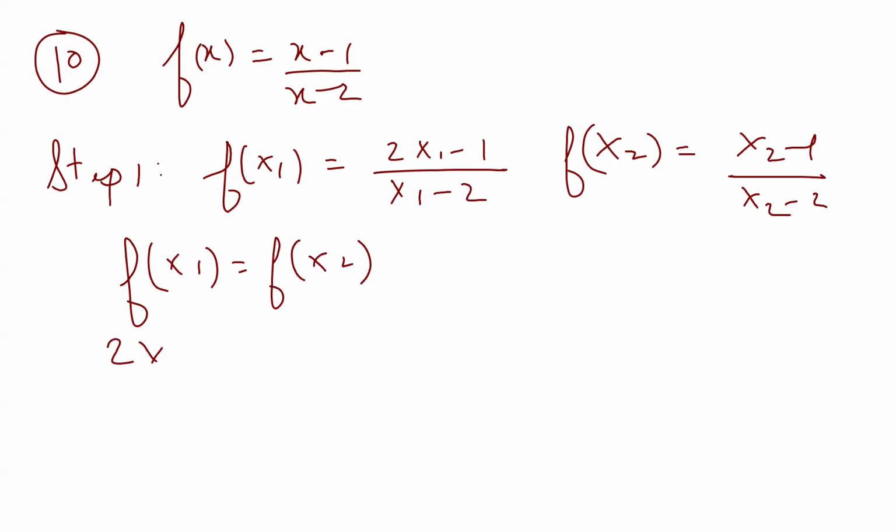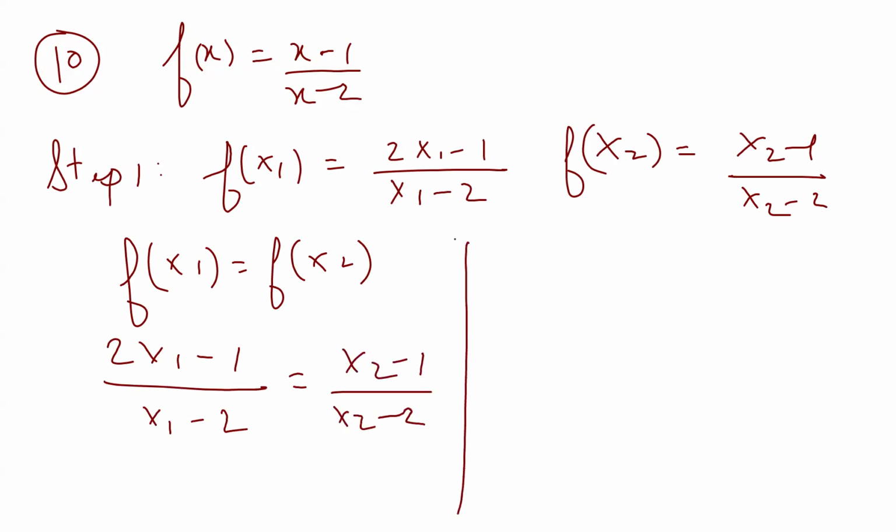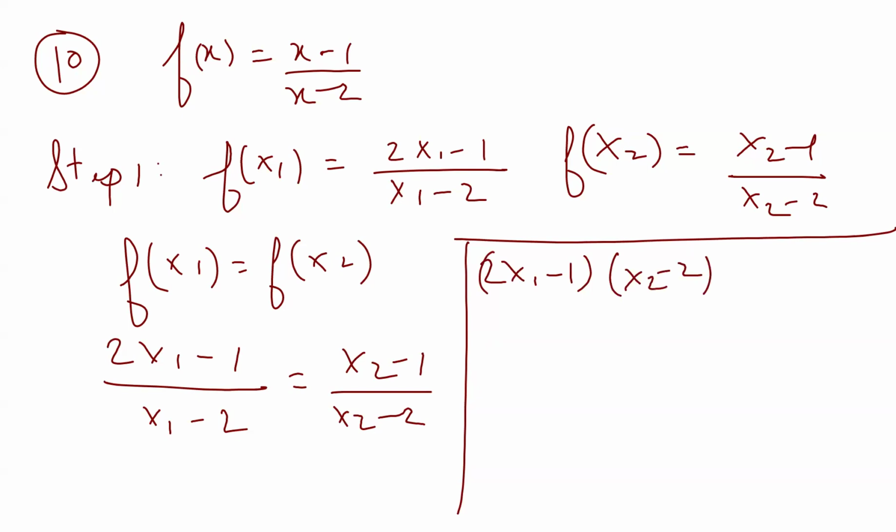It should give you x1 equal to x2. If it is not giving you x1 equal to x2, then the function is not invertible. So x1 minus 1 into x2 minus 2 is equal to x2 minus 1 into x1 minus 2.